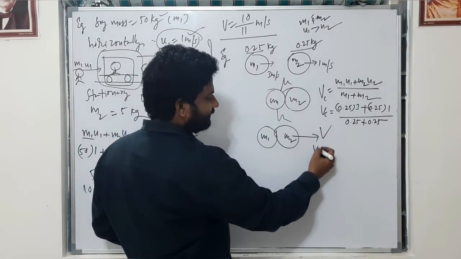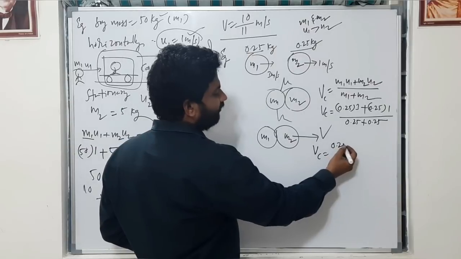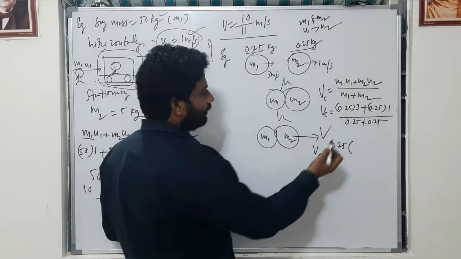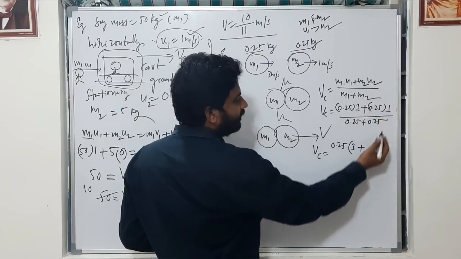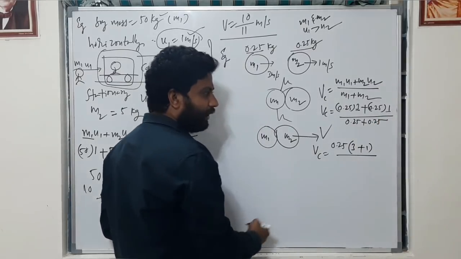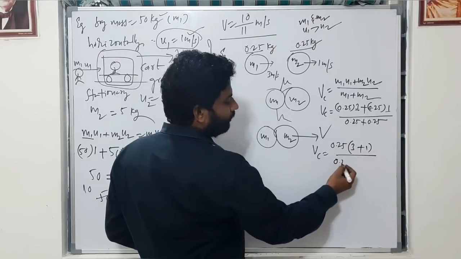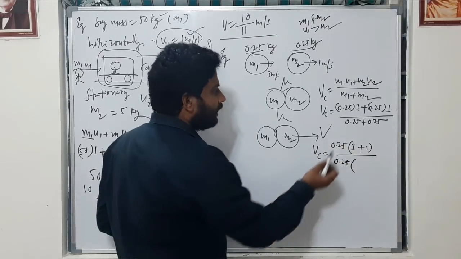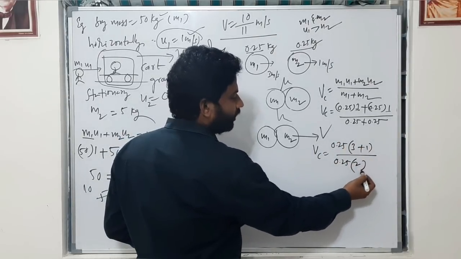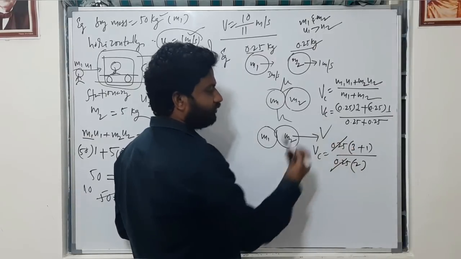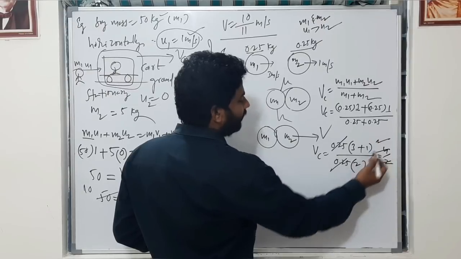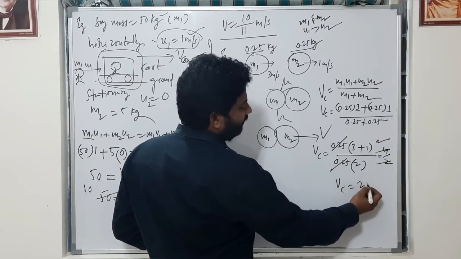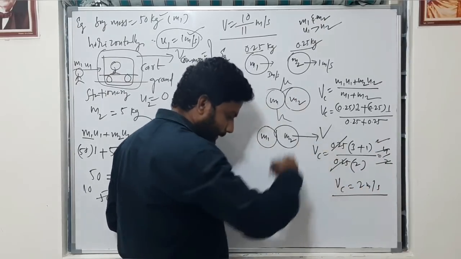So common velocity will be equal to, if I take 0.25 common from the numerator, 3 is left plus 1 is left, divided by 0.25. The denominator also, if I take common, here 1 plus 1, it's 2, right? 0.25, 0.25 cancel, and it is 4 by 2. I can write it is 2. So the common velocity is 2 meters per second.